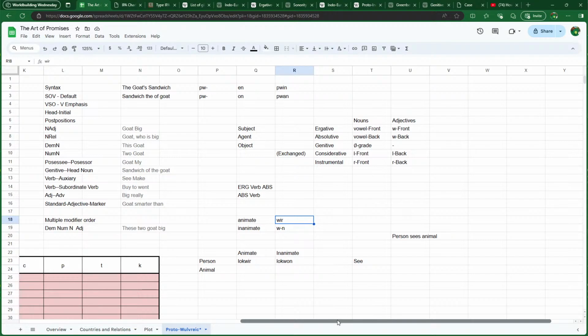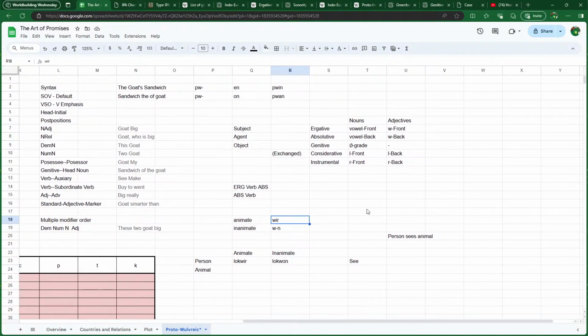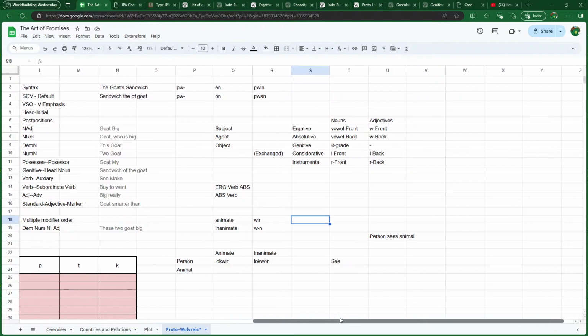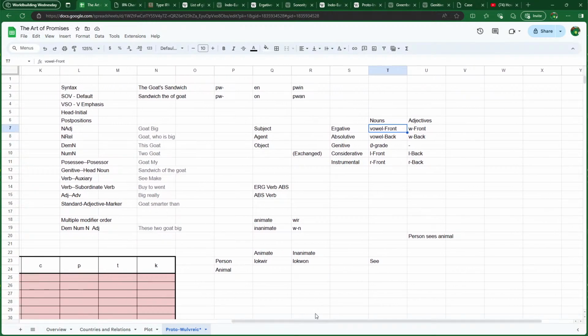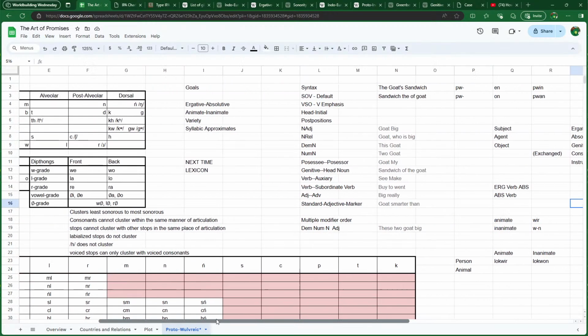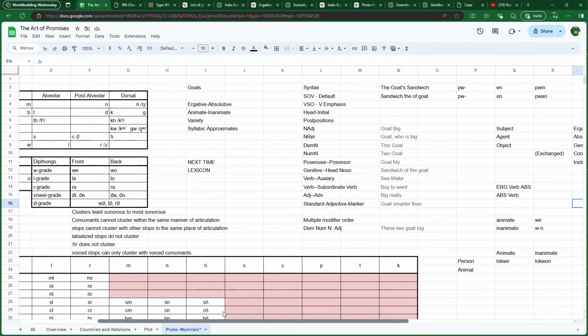Because this could be 0 grade technically, or vowel front, or W front technically. So it gives us a good allowance for being either.